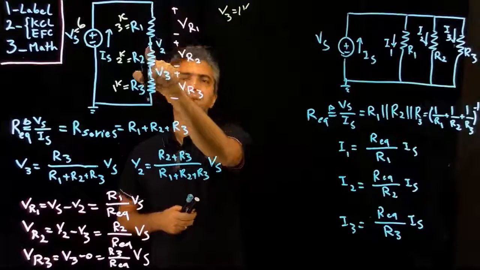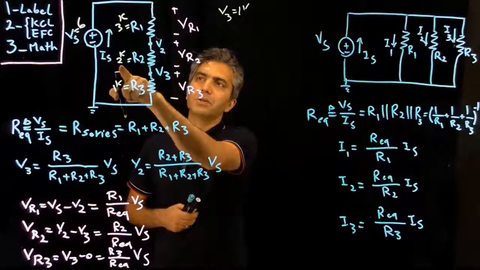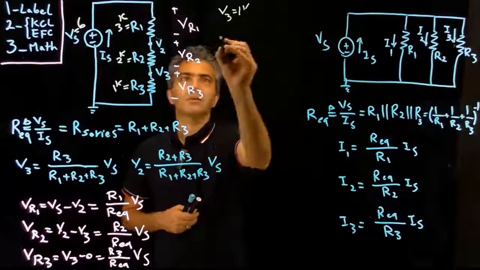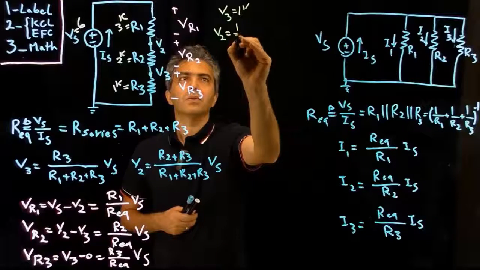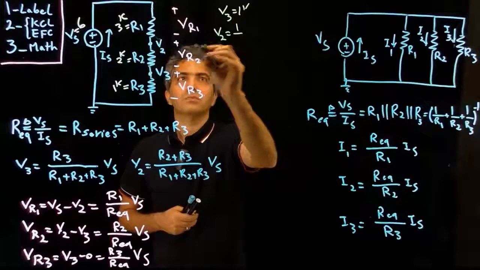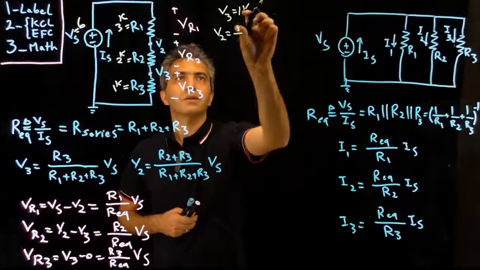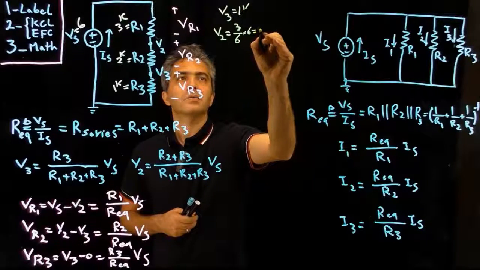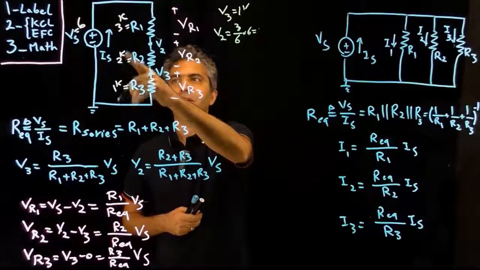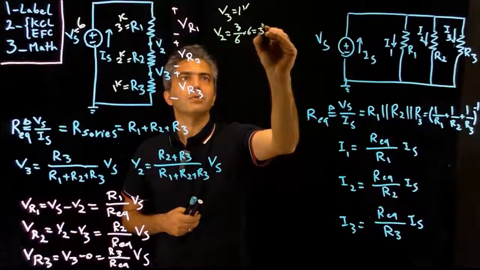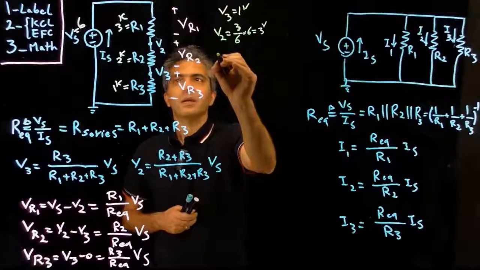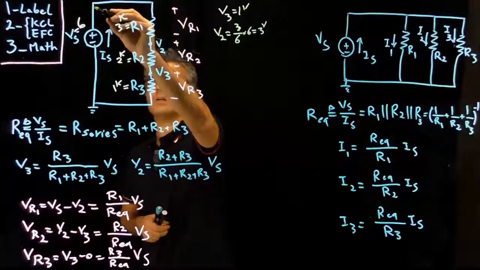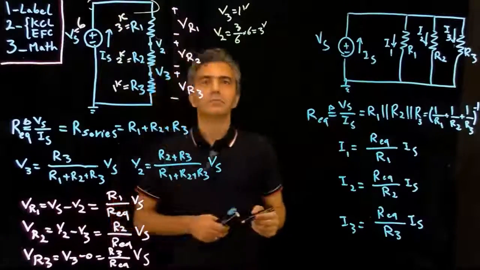Then you move up to V2, that would be 1 plus 2, which is 3, over 6 times 6, that would be half of the whole voltage. So that would be 3 volts. And then finally on top you have obviously Vs at that node, right?